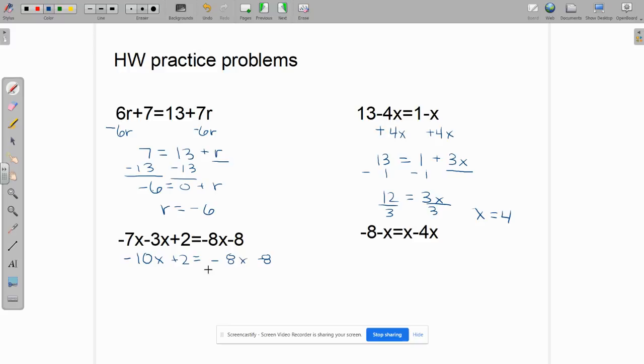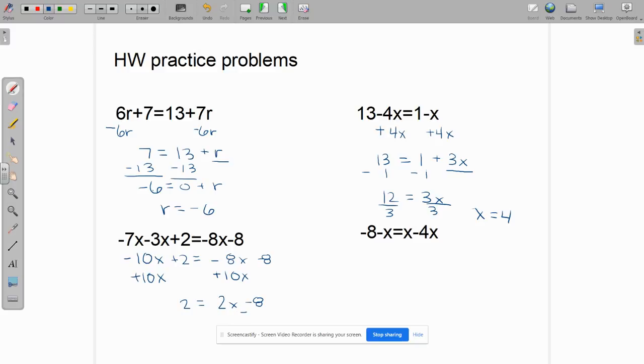Okay. So now you're going to treat this like you did above, and I want to get my variable on one side. So I see this negative 10x, and I know if I add 10x to that, which means I have to add 10x over here, that will leave me with just 2 on this side, and then positive 2x minus 8.